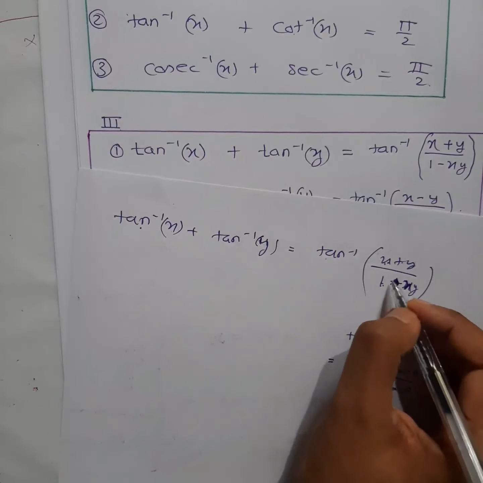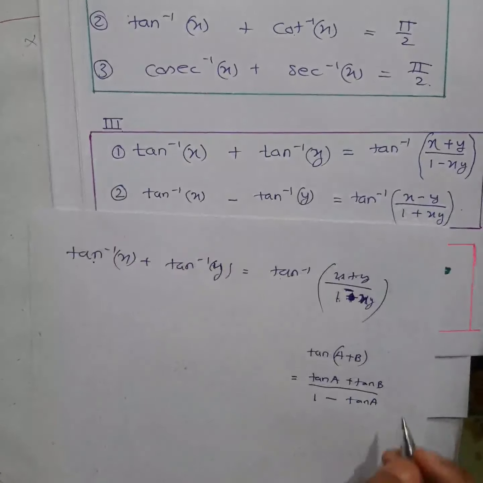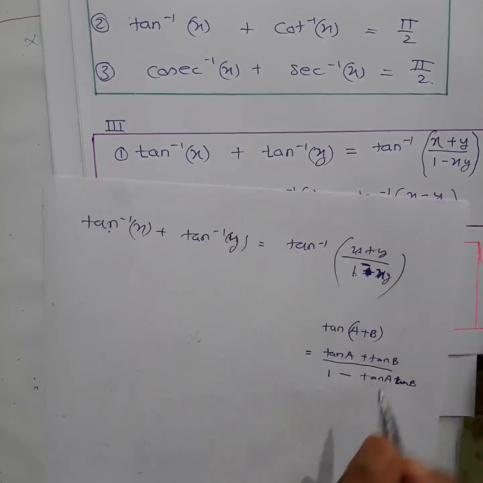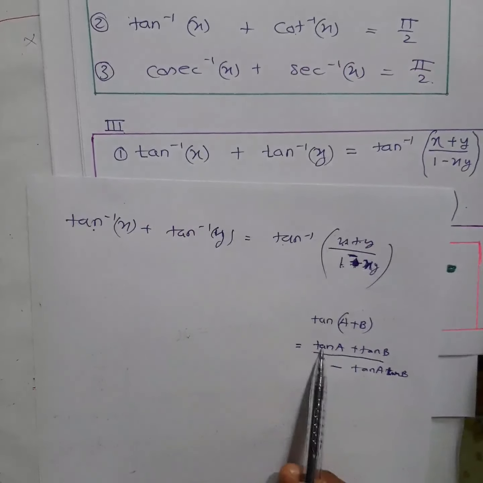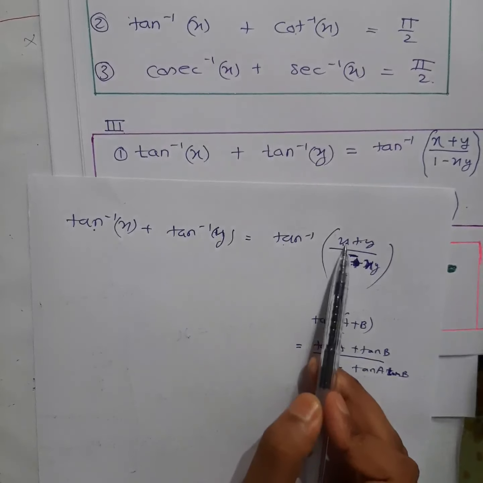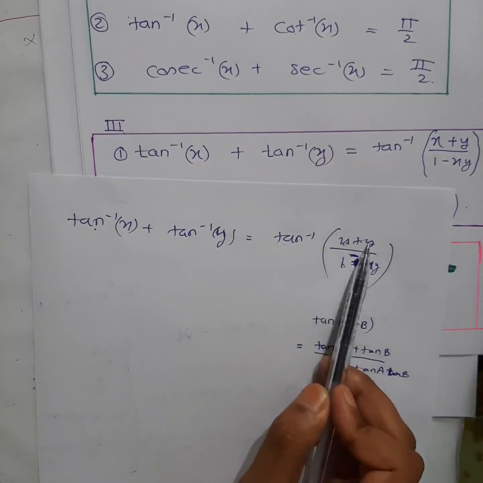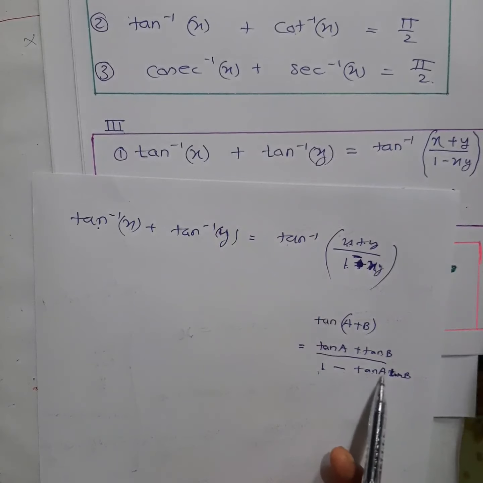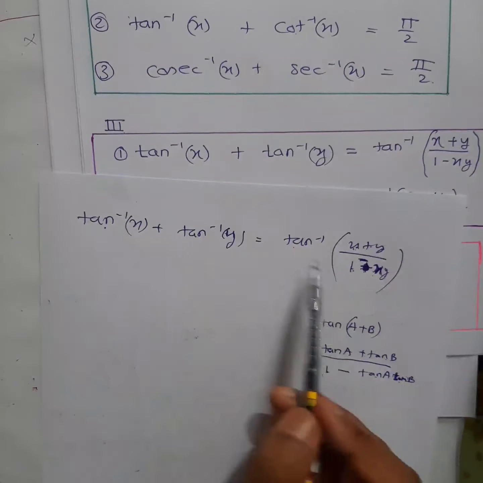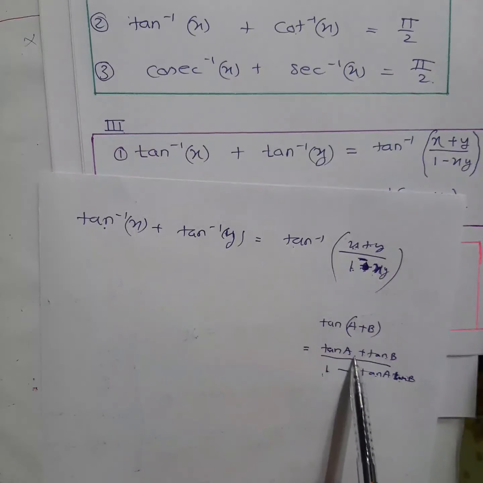This is not plus, sorry, minus in the formula also, tan a tan b. Can you see it's like a formula only? Tan a plus tan b by 1 minus tan a tan b. In place of tan a what is it? x. In place of tan b, y. 1 minus, in place of tan a, x, in place of tan b, y. Something like that, right? So this derivation also they have done from this formula only.